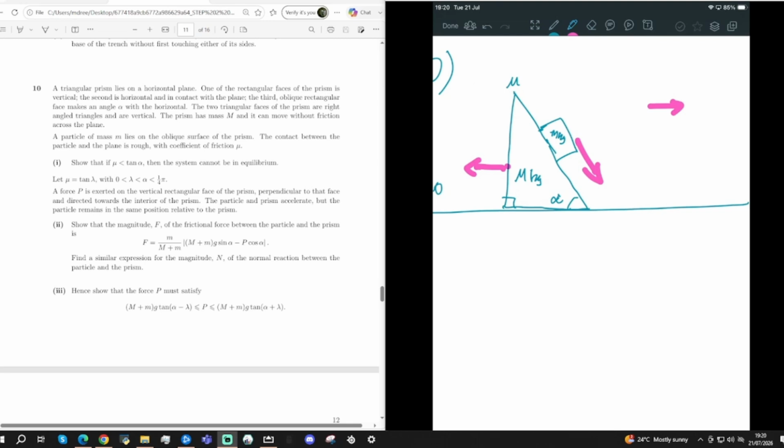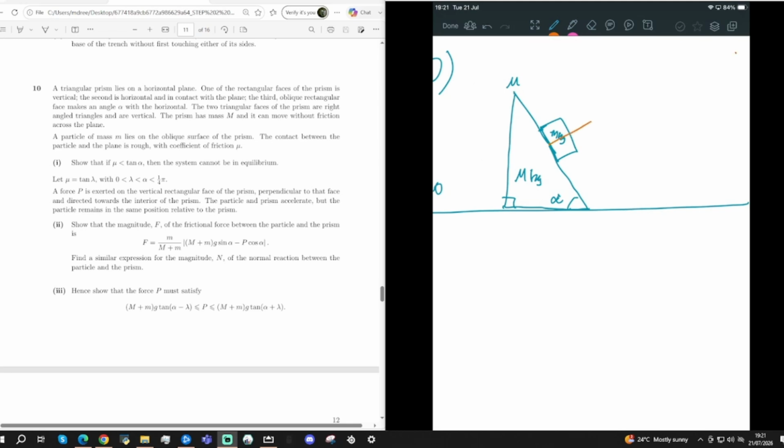Now, officially, momentum is a further mass concept, so shouldn't be needed in a problem like this, but there's nothing stopping us using it if it turns out to be a good problem-solving technique. But the most obvious way that this situation could fail to be in equilibrium is that smaller particle sliding down the slope. So let's set up and see if I can model this smaller particle and what that will involve.